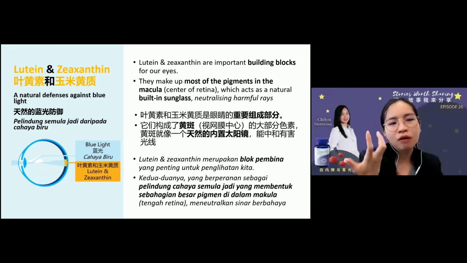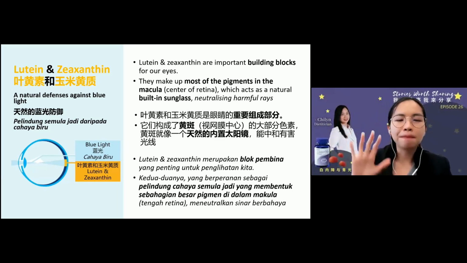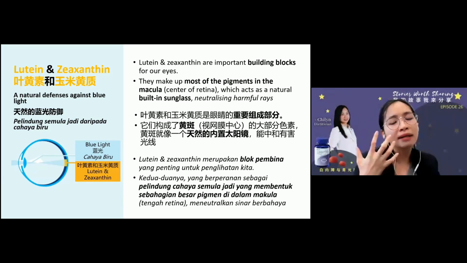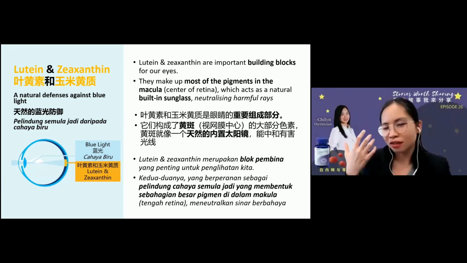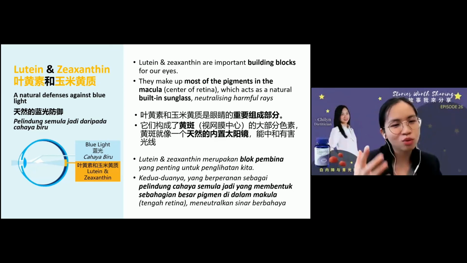And if we have high levels of lutein and zeaxanthin over here, then it would form like a built-in sunglasses to help us filter the harmful rays. And besides UV rays, harmful rays includes the blue light from your screen, your phone and laptops. All visible light contains blue light, and blue light is the light that causes our cells to oxidize.